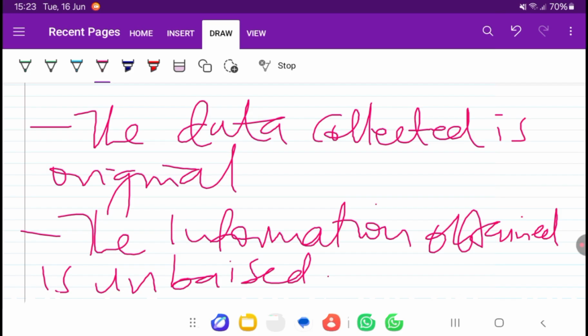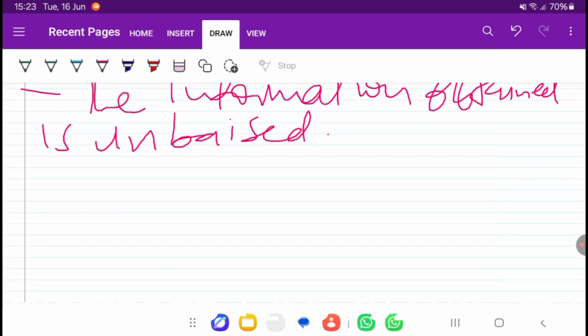Even when you get biased information, you can easily tell and put some doubts. You may include it or exclude it, or compare it with what other people are saying to make sure that you are getting information that is not biased. So that's why we are saying primary information is obtained without bias.